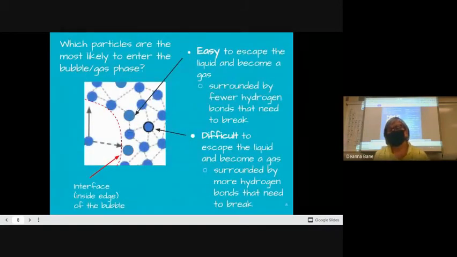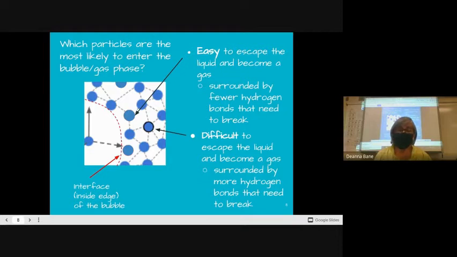All right, so here I've blown up the edge of the bubble from a couple of slides ago, and here I'm showing the hydrogen bonds that are connecting these liquid molecules to one another. As they start moving faster and faster, it's important for us to recognize which of those particles are most likely to enter that bubble or the gas phase when we talk about colligative properties.